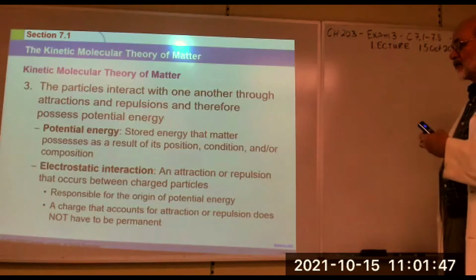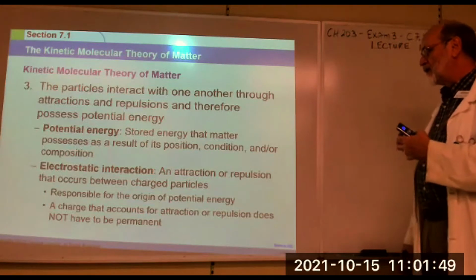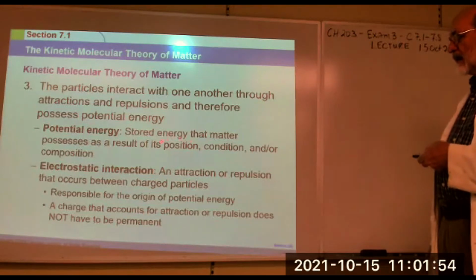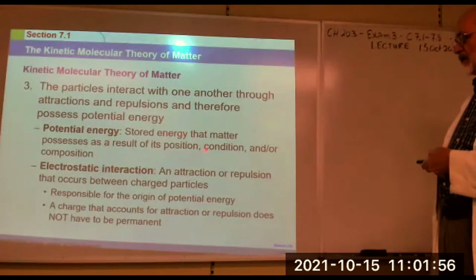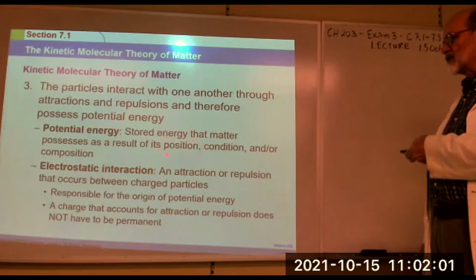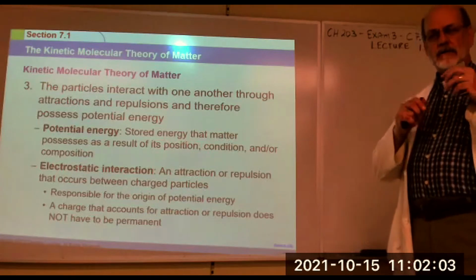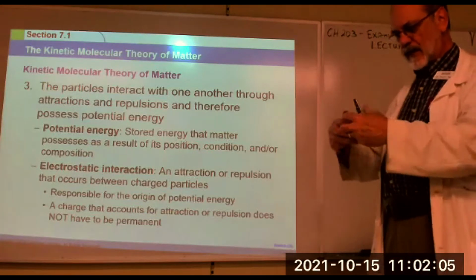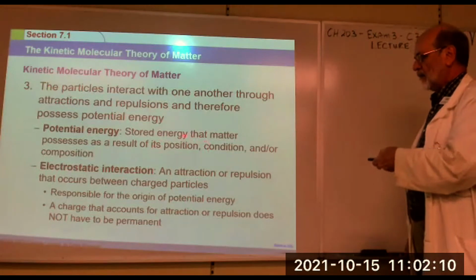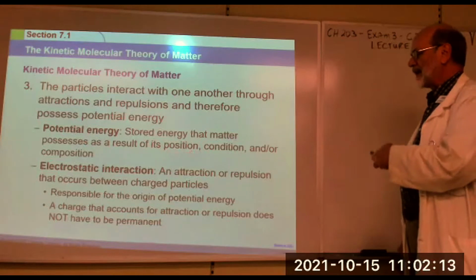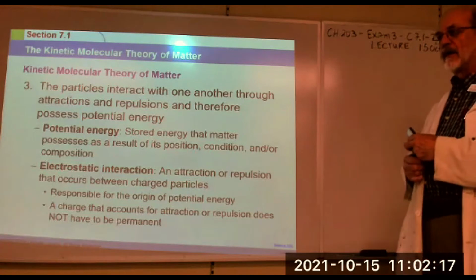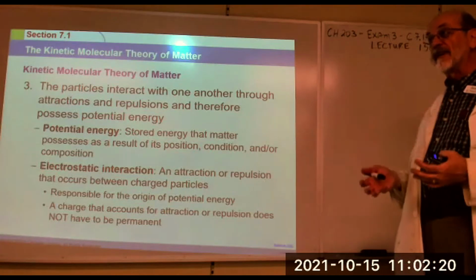The type of interaction that can occur depends on several things. Potential energy could be potential energy of position. That is not so much characteristic of matter that's just sitting there interacting with other molecules. This is more about the position of a molecule relative to some external field.